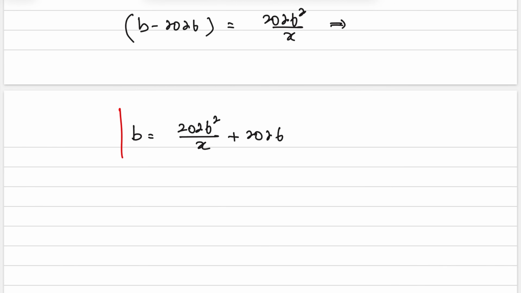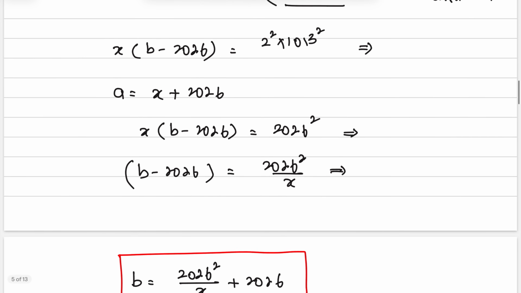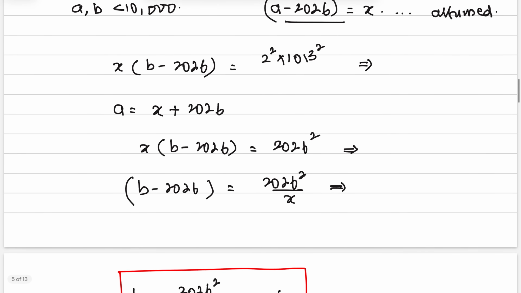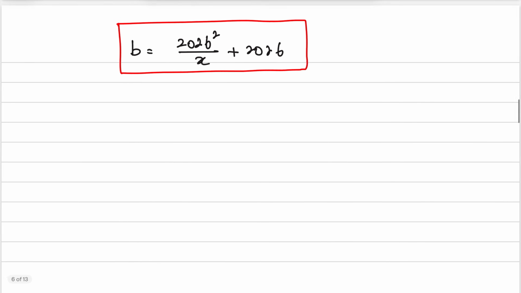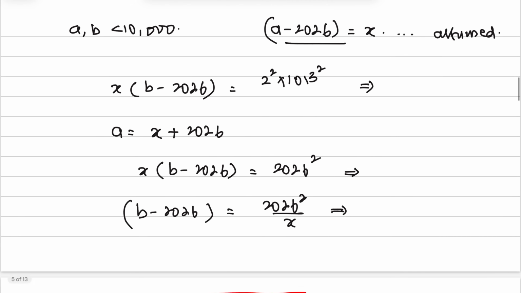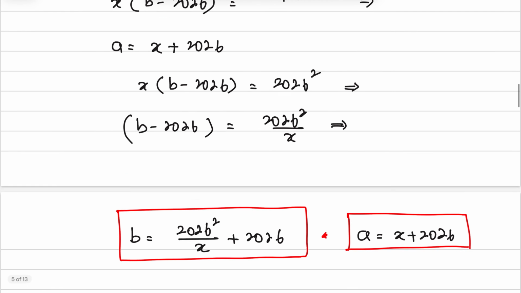This is one value of B we have got. We will apply the upper limit now. And A we have got as x plus 2026, where x is defined as A minus 2026 is equal to x.